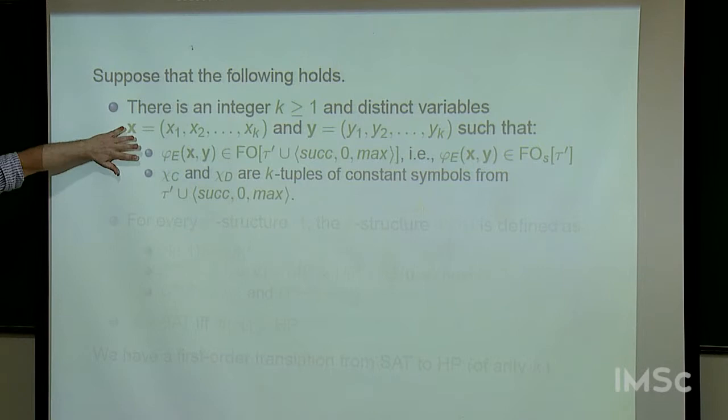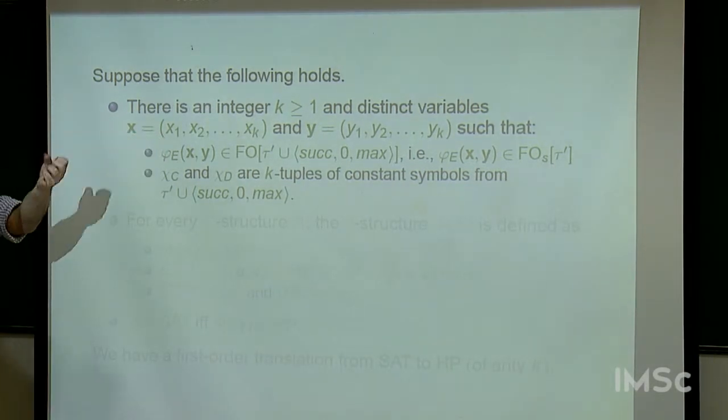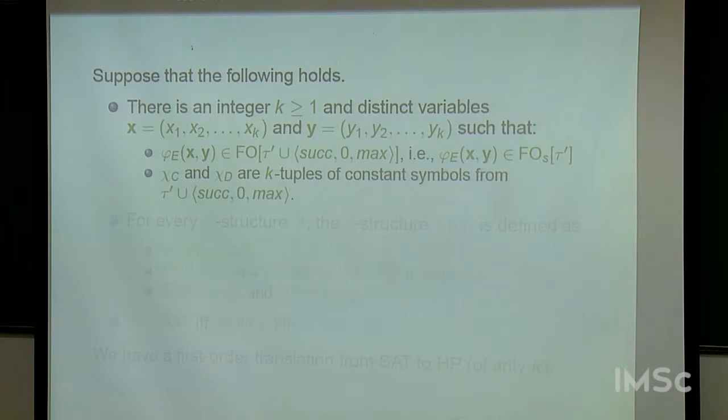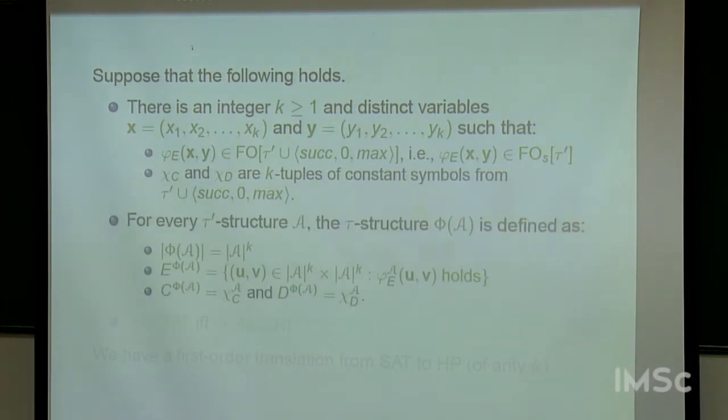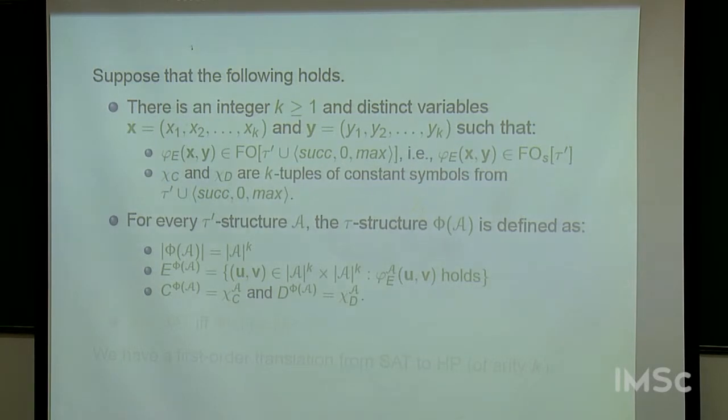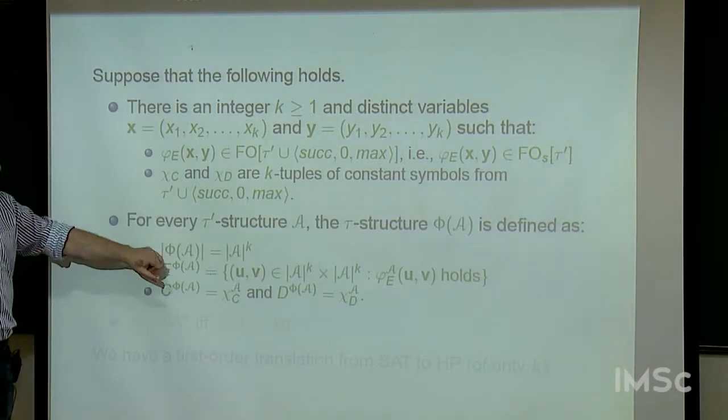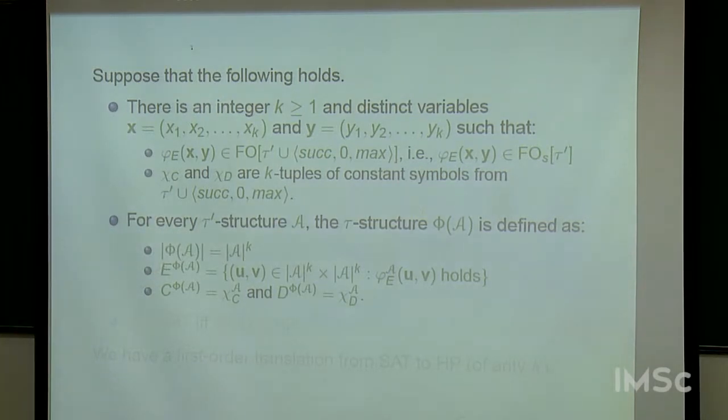For every relation symbol, I've got to come up with a formula that's going to define that relation. And for every constant symbol in my target signature, I've got to come up with tuples of constants from the source that tell me what this constant is. And given that, I can now say exactly what my target structure is in terms of my source structure. My source structure is A, and the target structure, the translation according to these formulae, has as its domain k-tuples of elements of the source structure, because we've got tuples of length k.